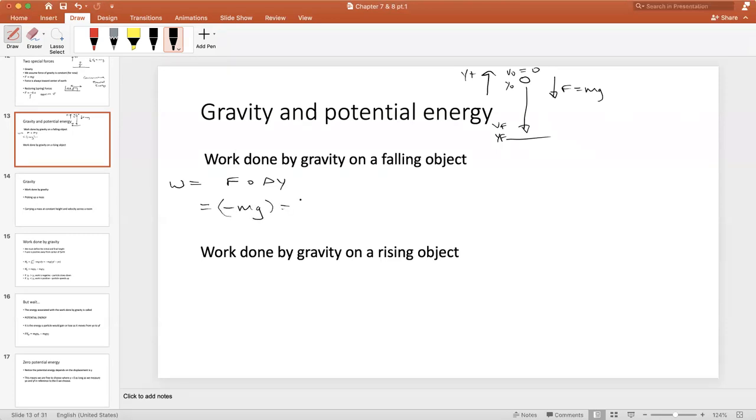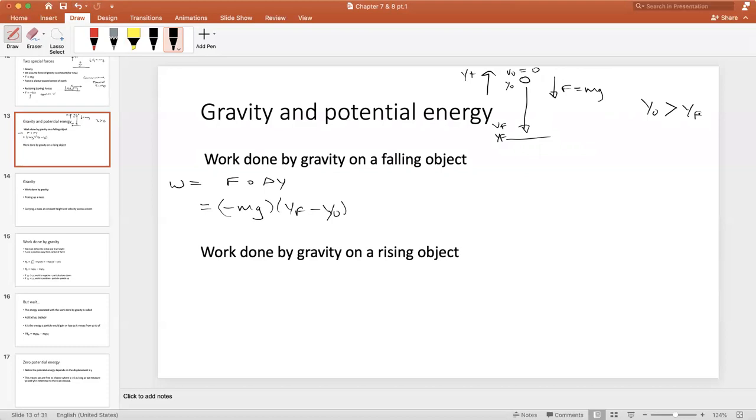The displacement, though, don't put the sign on. And I know you're going to be bothered by that because I put the sign on the force of gravity, but I didn't put the sign on the displacement. Well, this thing's going from y initial to y final, and we know that y initial in all cases has to be greater than y final if we're assuming that y is positive upward, okay?